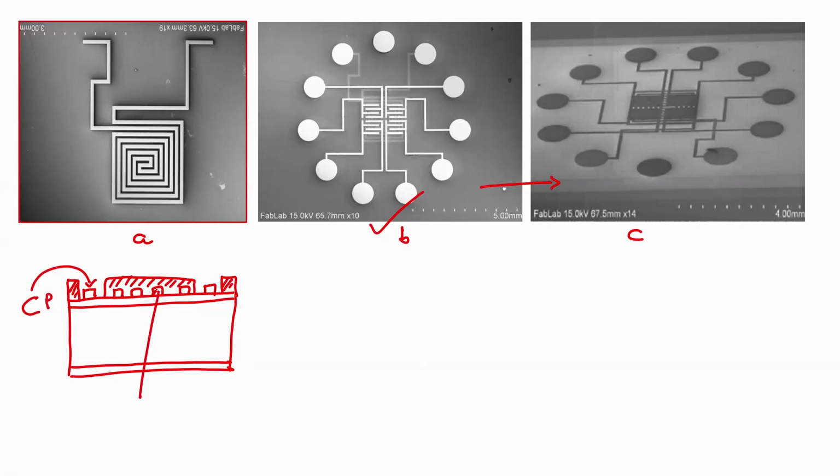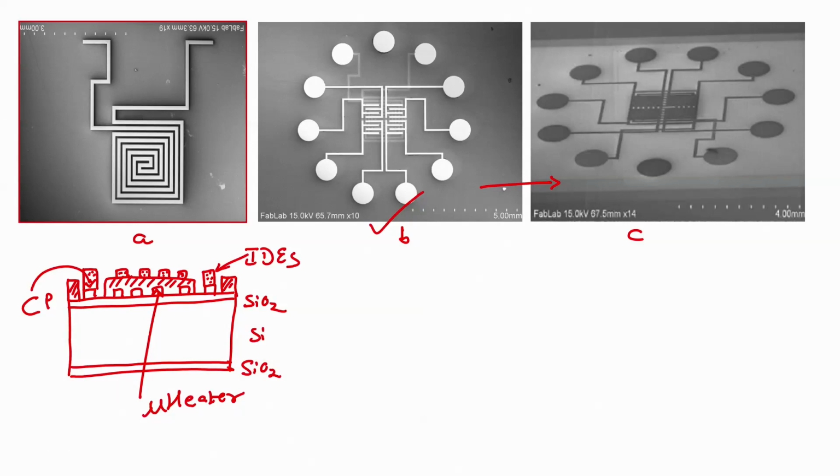This is your micro heater. This is SiO2, silicon, SiO2. On this there were interdigitated electrodes. This is what we have seen. I will draw the interdigitated electrodes as dots to distinguish them from the heater. So, this is my interdigitated electrodes.